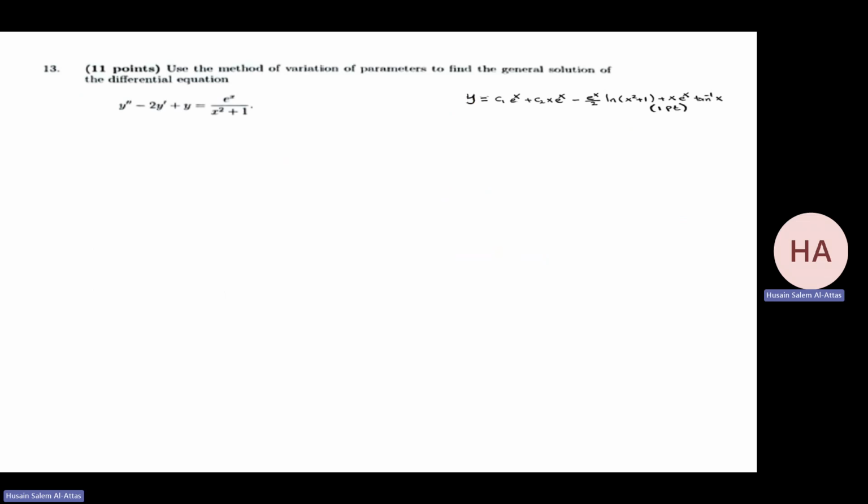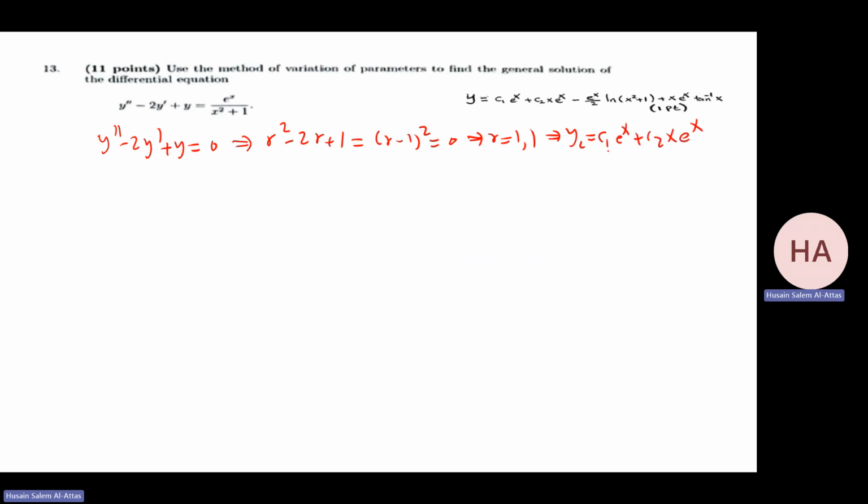Okay, using the method of variation of parameters, I want to find the solution. Let me do the calculation. First, I solve the homogeneous. So I have r squared minus 2r plus 1, which is r minus 1 squared. So I have r is 1, 1. So yc is c1 e to x plus c2 x e to x.